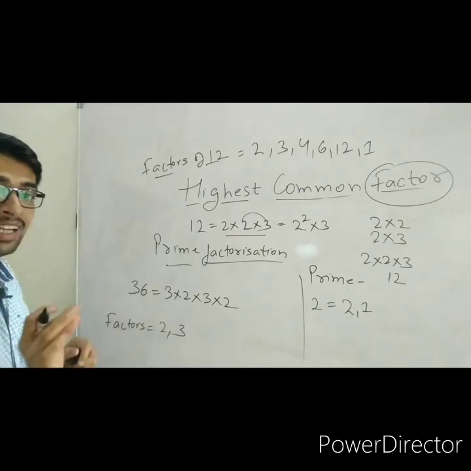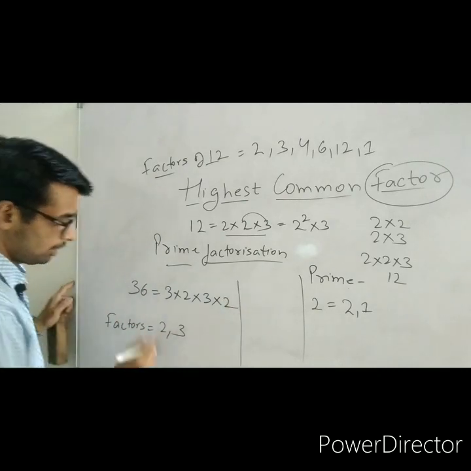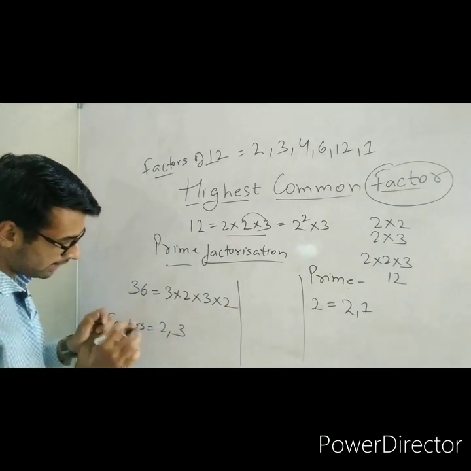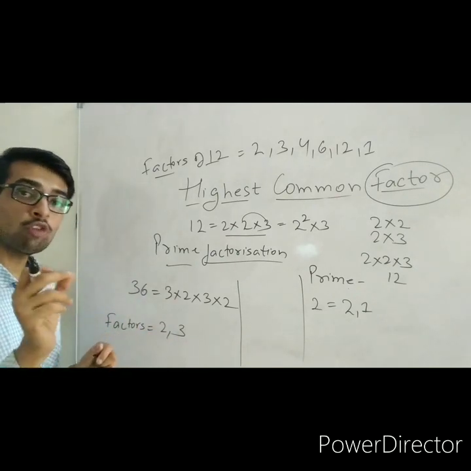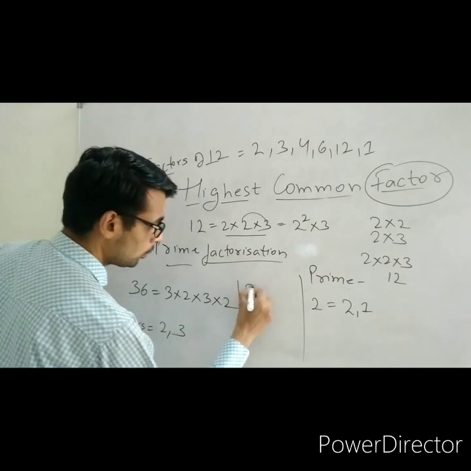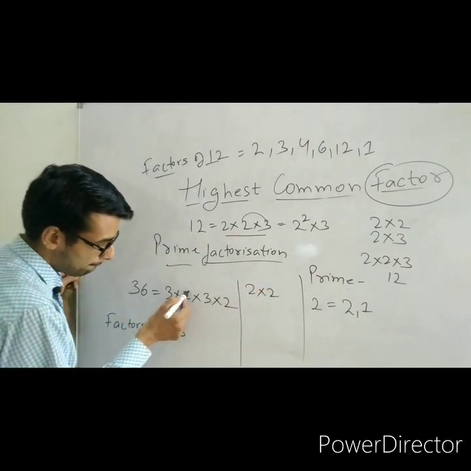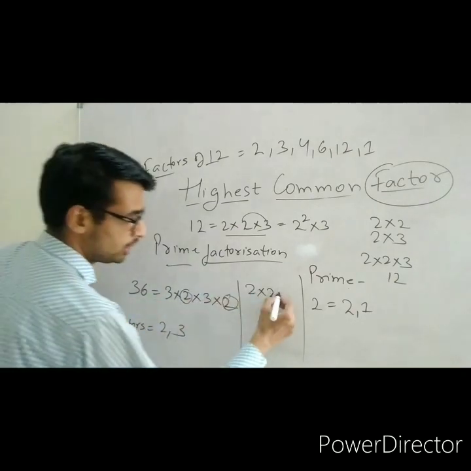Now you have to make different combinations of two numbers. First of all, we have taken only one number over here. Now we have to make combinations of two numbers. So 2 multiply 2, because we have 2 times 2 in this factorization, which is 4.